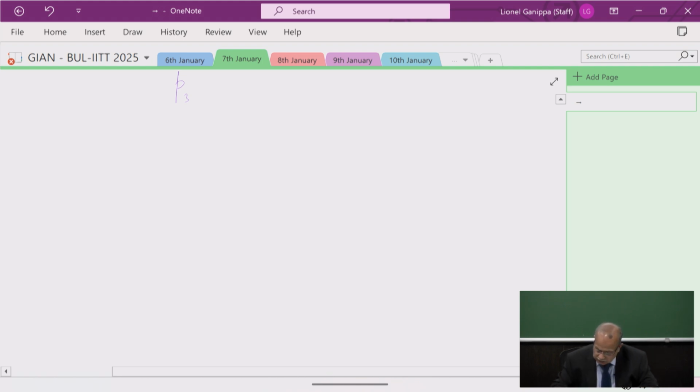Now, here is an external compression inlet. This is the geometry here. This is the inlet of the engine. We will be discussing this afternoon. So here is the spike leading edge. This holds an oblique shock.